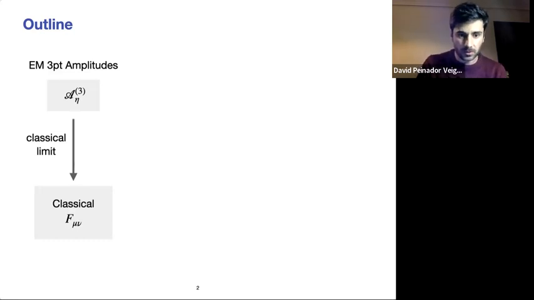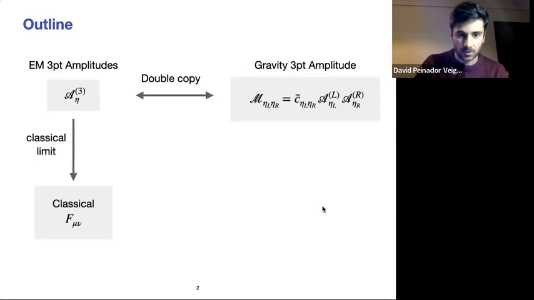Then we'll use this amplitude and this double copy map I'll propose, which is just the product of two 3-point amplitudes, which also takes into account all helicities. So we're going to be sourcing not just the graviton, but also dilaton and B field. And then we'll compute a curvature using these amplitudes as well.